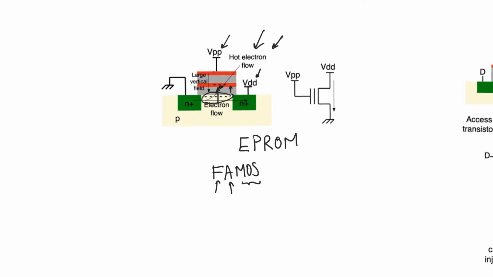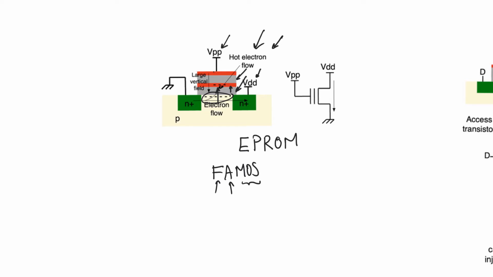The problem with EPROMs is that you can program them using specific electrical values on the gate and the drain, but you cannot erase them by applying electrical values to the gate and the drain. The problem here is that the oxide below the floating gate and the oxide between the floating gate and the control gate are thick. And this device is of historical interest.